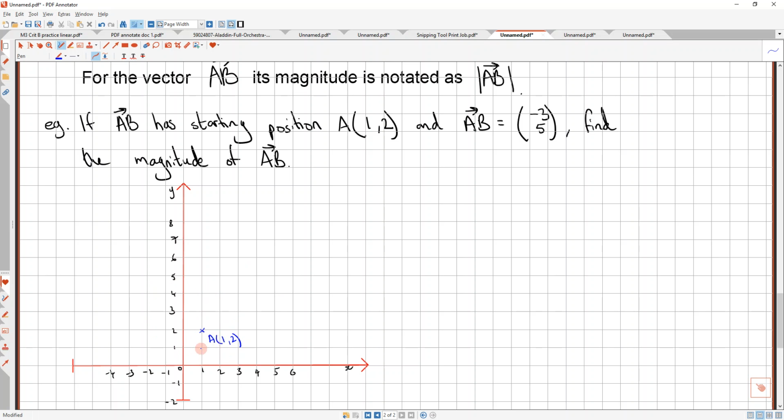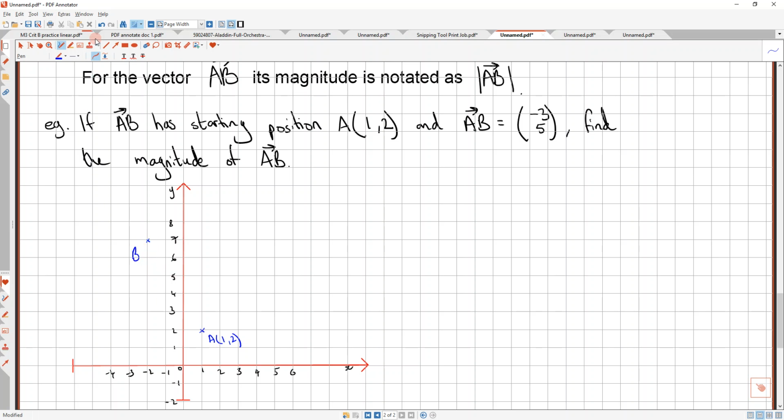I've got A, I need to get to B. Remember, the top number 3 corresponds to the x, so left 3, and then 5 up. 1, 2, 3, 4, 5.